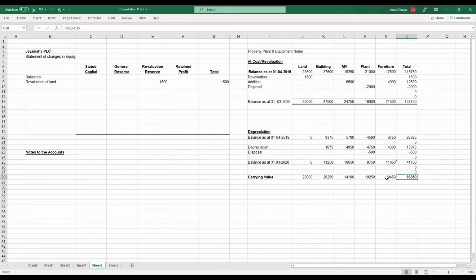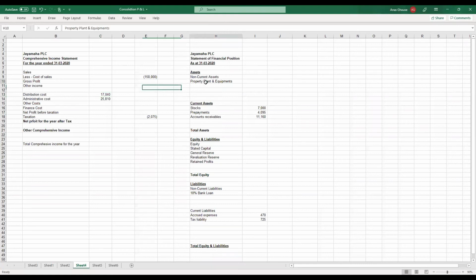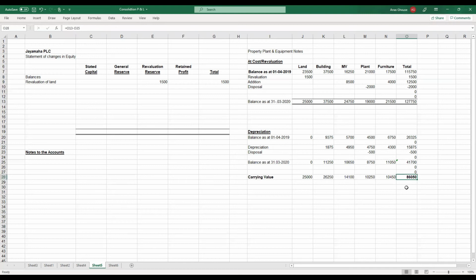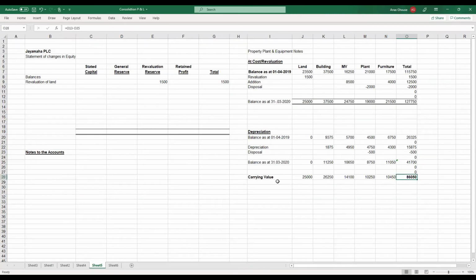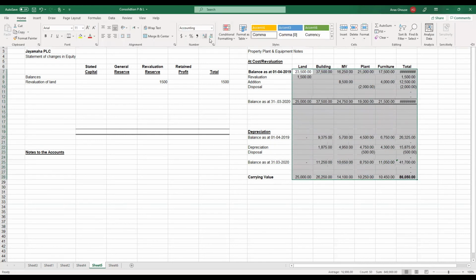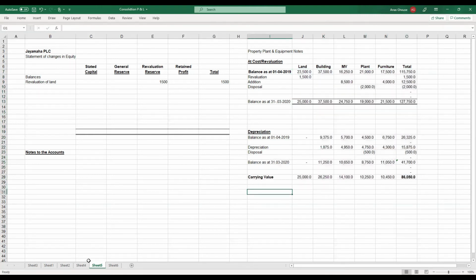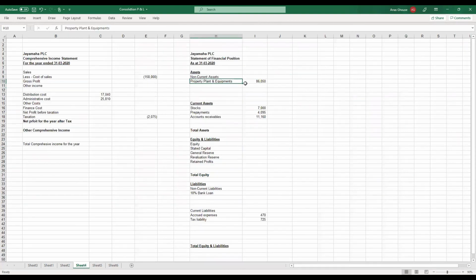Okay, so this should be the balance reflected in the property, plant and equipment, which is 86,050,000. So we have recorded, this is for the presentation purpose, so it should be under notes to the financials. Okay, so this one in the financial position.